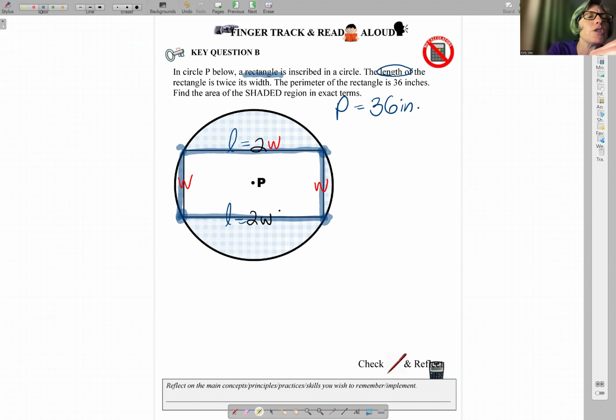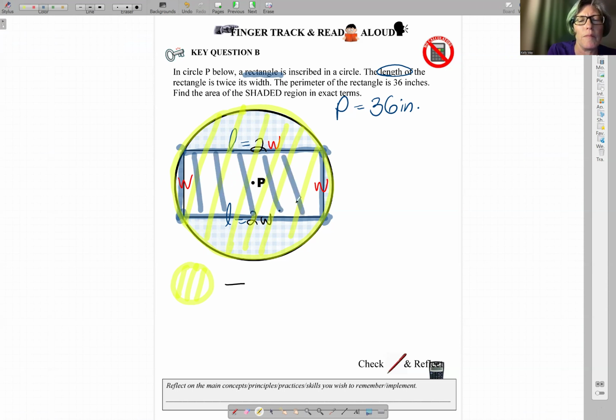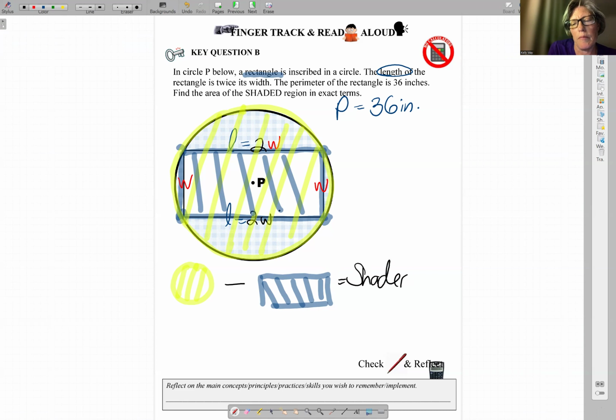Well, to find the shaded region, we're going to be finding the area of the circle, and we're going to find the area of the rectangle, and subtract to get the area of the shaded region. And we want this in exact terms, no decimal.